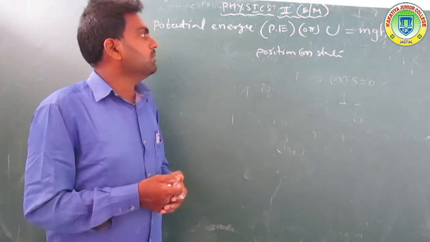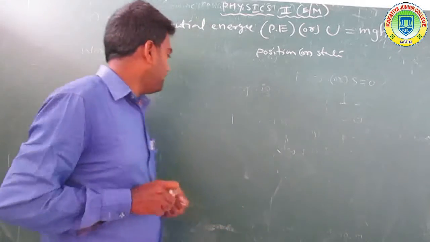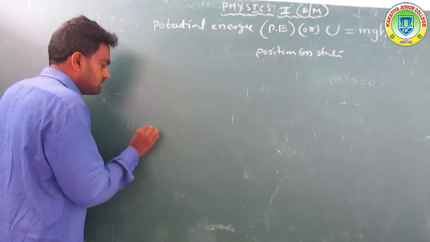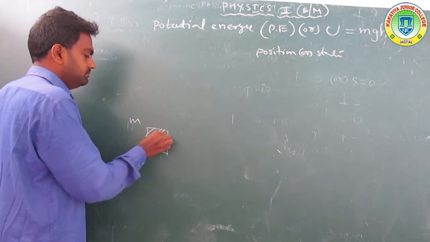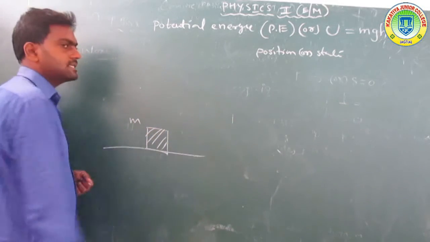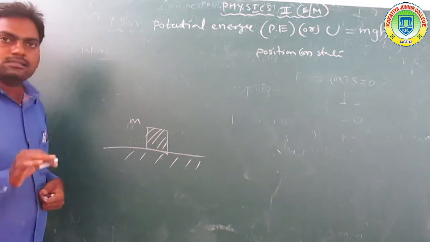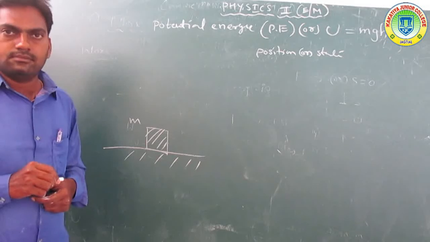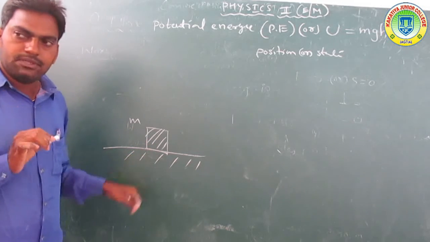Now, how do we derive the equation mgh? First, take one condition: a body of mass m is placed on the surface of the earth.